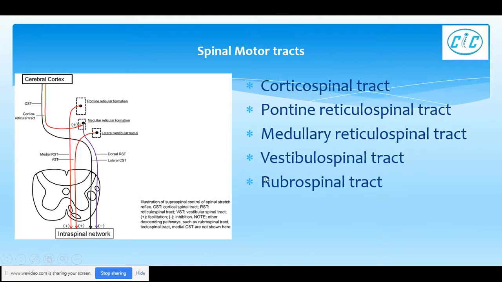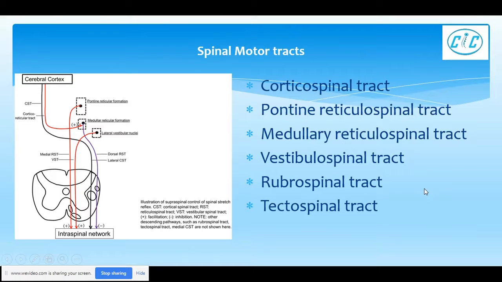It is a primitive type of tract compared to the corticospinal tract, which does similar work, but the rubrospinal tract is a very basic control, controlling the flexors more than the extensors.